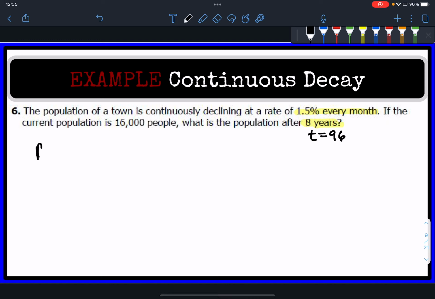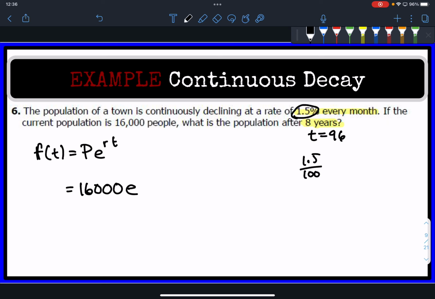So our function f of t, because it's continuous, would be this. The difference, however, is that because it's decreasing, the rate of 1.5% is going to be negative. And 1.5%, which means 1.5 divided by 100, is equal to the decimal value of 0.015.